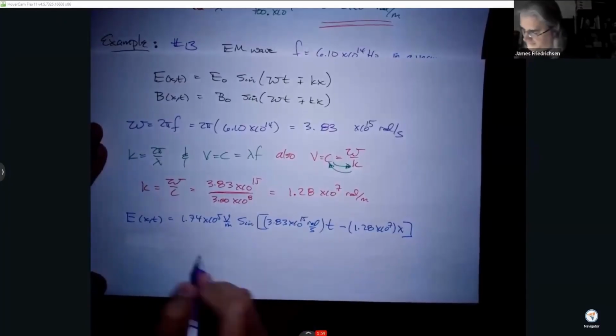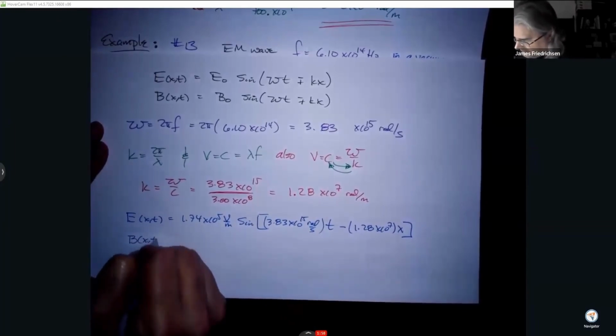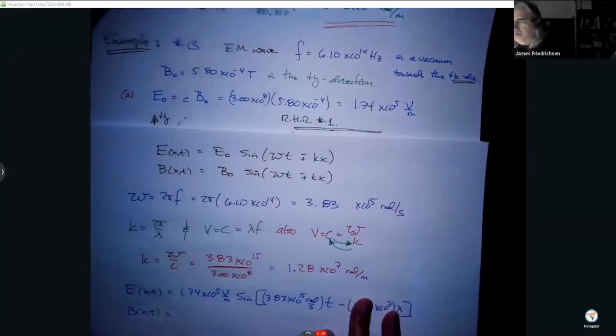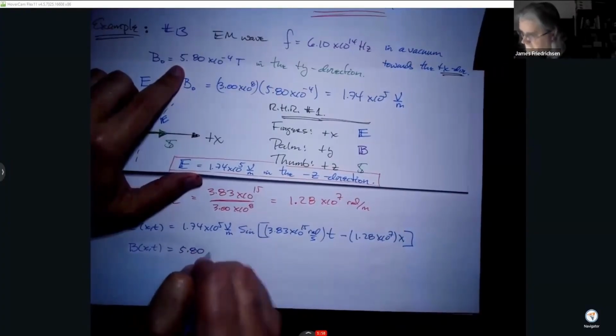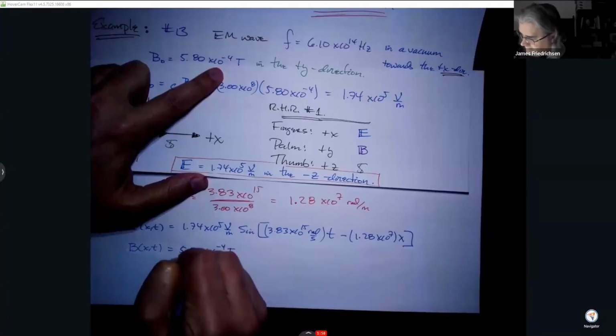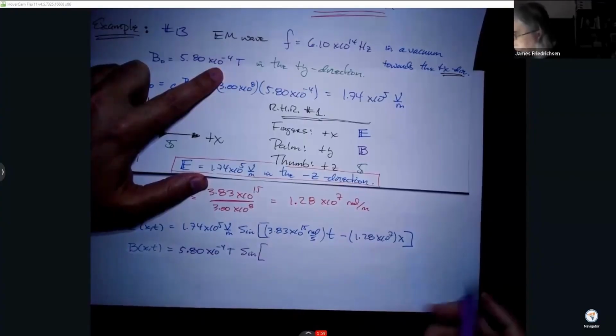Let's write down the B one. So I'm going to change my color to purple. That's how I usually color the magnetic field. The B amplitude, they told us this 5.80 times 10 to the negative 4 Tesla. The same sine function, and it's exactly the same.